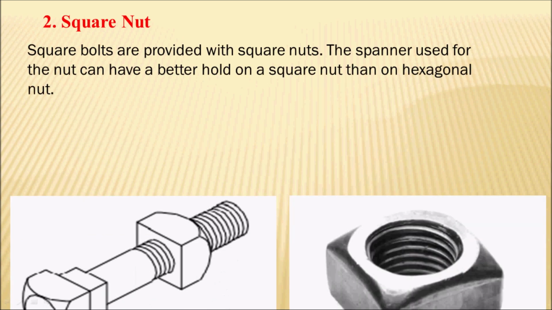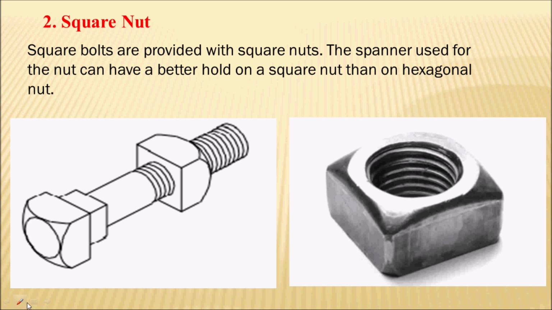Next is the square nut. The square nut is used in pair with the square bolt, which you can see in the image. The shape of the nut is square, so that is why it is called a square nut. The spanner can have a better hold on a square nut than on a hexagonal nut.